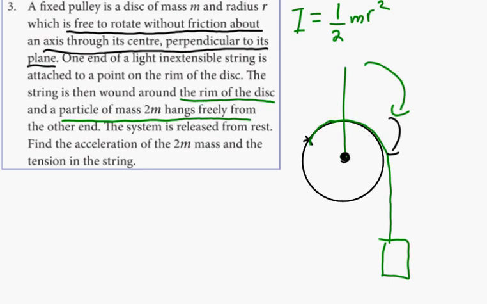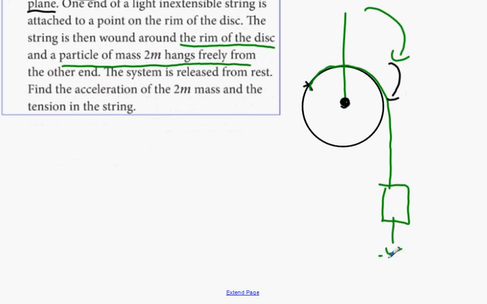So we're going to have 2mg working downwards, and we're going to have T working upwards. The system is released from rest. Find the acceleration of the 2m mass and the tension in the string.